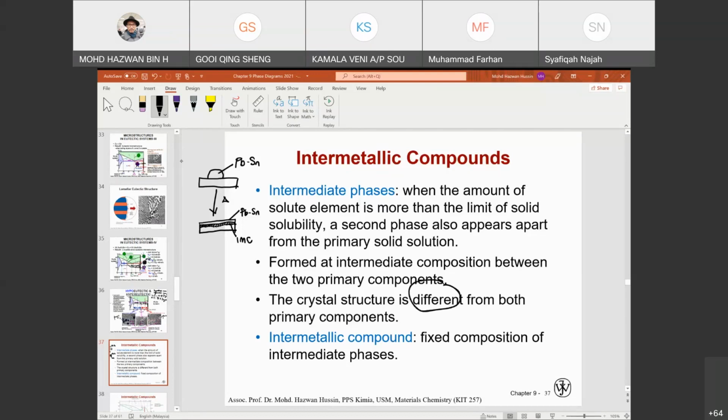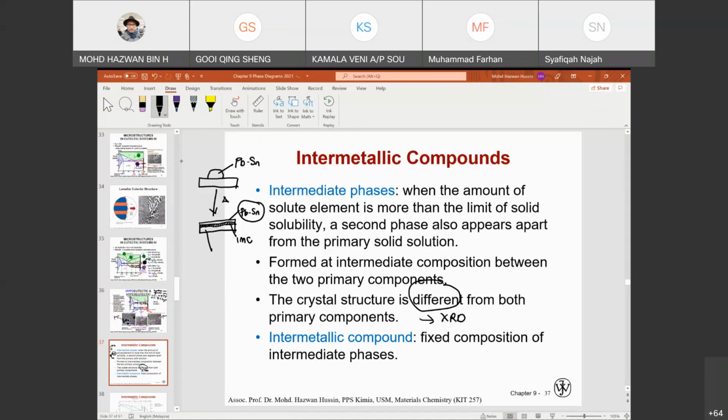Okay, so when we talk about the crystal structure, obviously you know that this can be justified using XRD, X-ray diffraction techniques. So from here, when you do the XRD on top of the layer, you will see the profile for lead tin materials is different from your substrate.